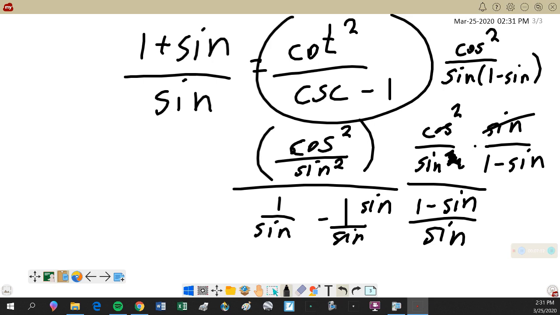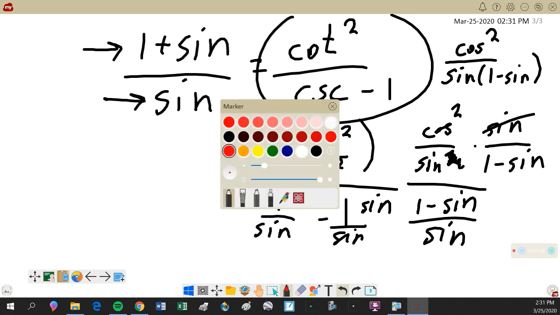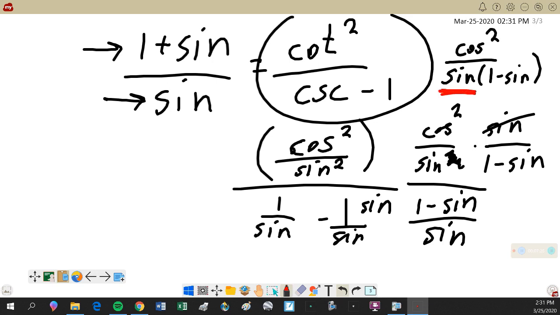And if you look at what we want, sine and we want 1 plus sine. So I'm on my way. I have part of that. I have sine here, and then cosine squared is 1 minus sine squared. So if I convert cosine squared into 1 minus sine squared, this is a difference of perfect squares.